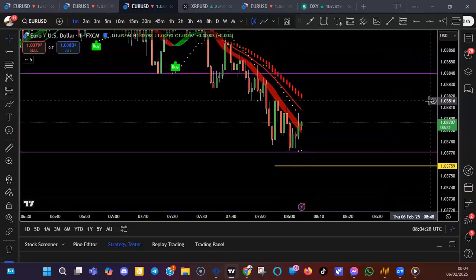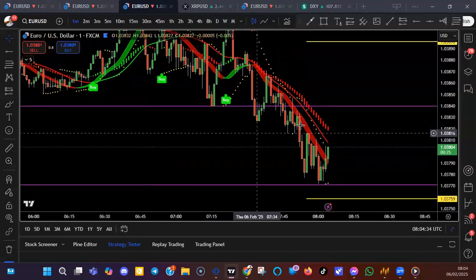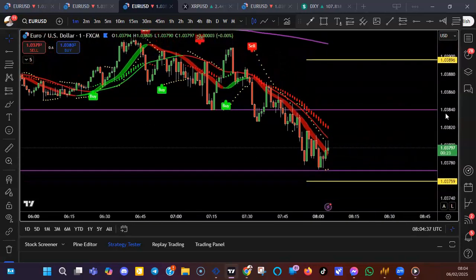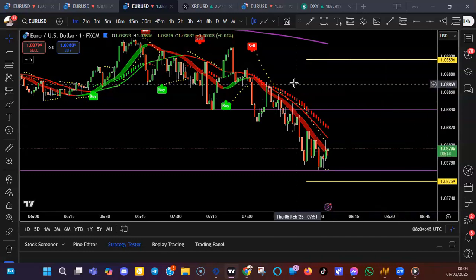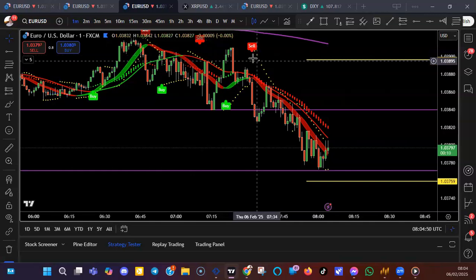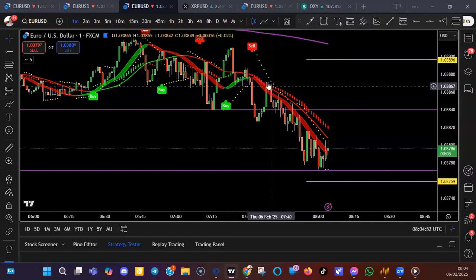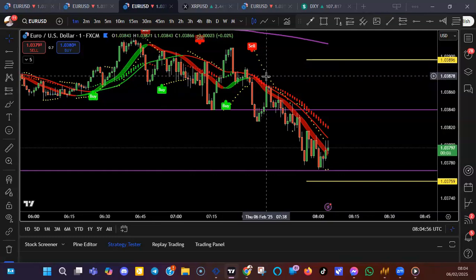That's why I draw these lines in, to give you a clearer picture of why price does what it does. Most of the time, price does what it does because it's done it historically. Now, it could have done it historically months ago, hence the parabolic SARs. These are also points where price reacted in the past.